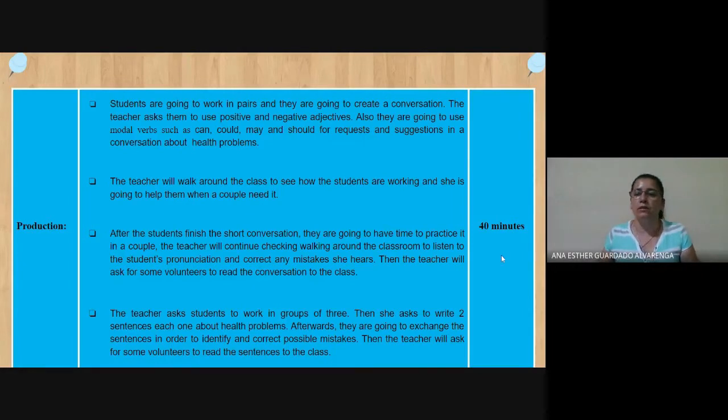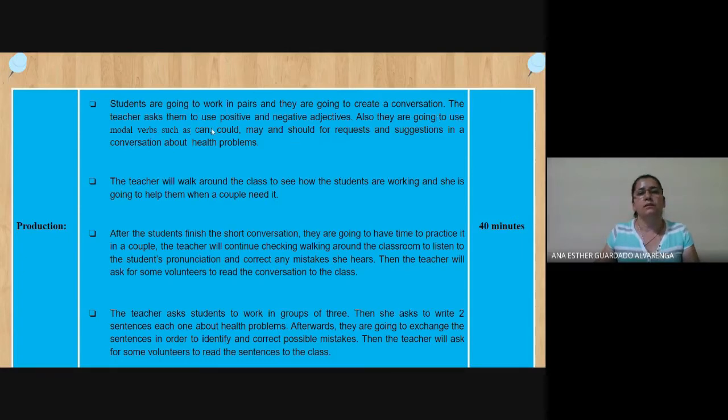In the production, we are going to have 40 minutes, because in this part the students are going to create new things according to the vocabulary and all the knowledge they have already gained by practicing, and also from the presentation the teacher did. Students are going to work in pairs and create a conversation.